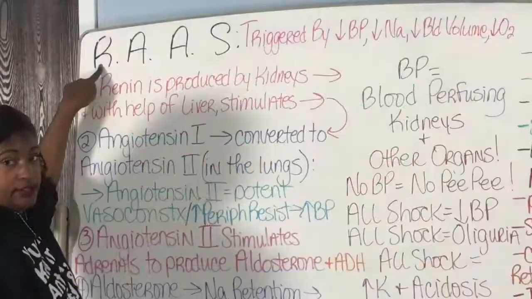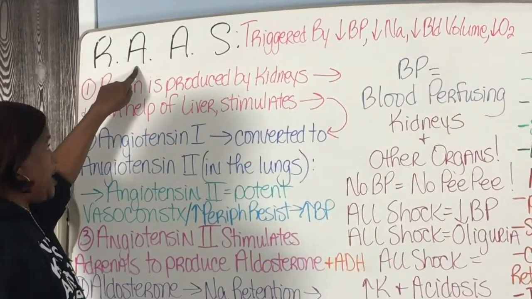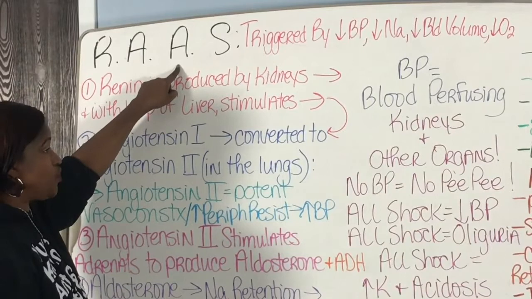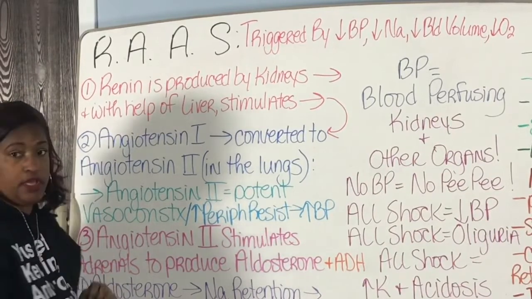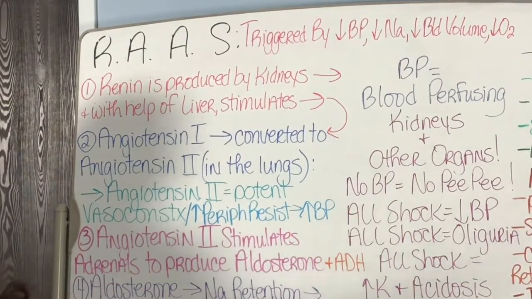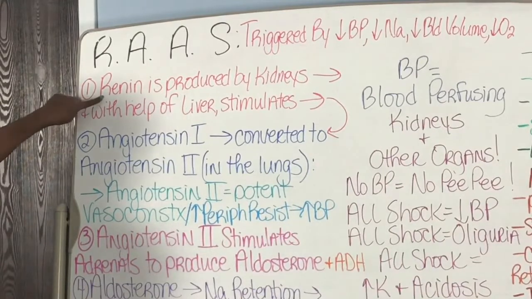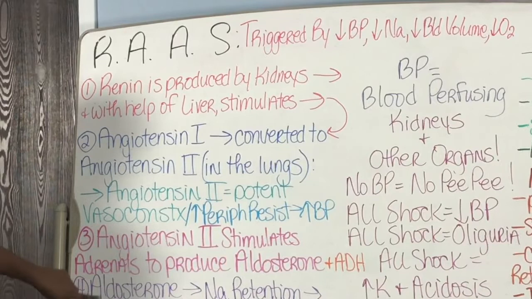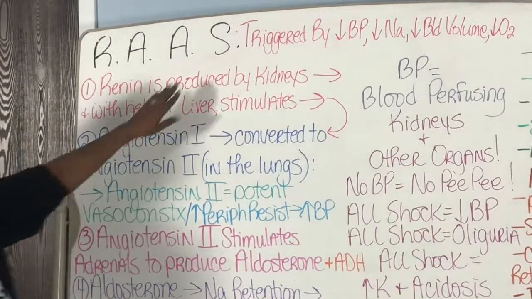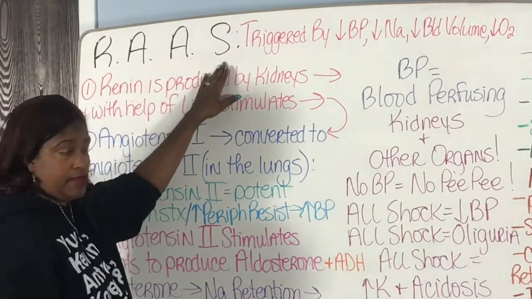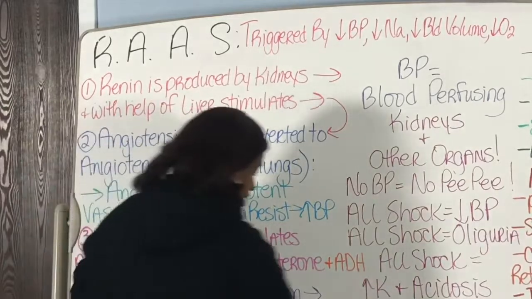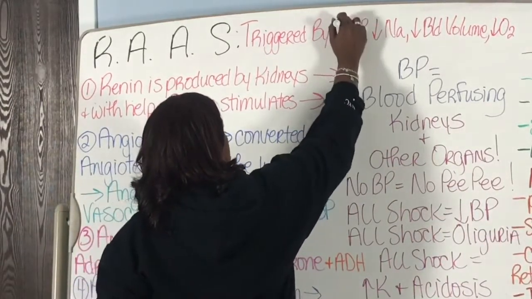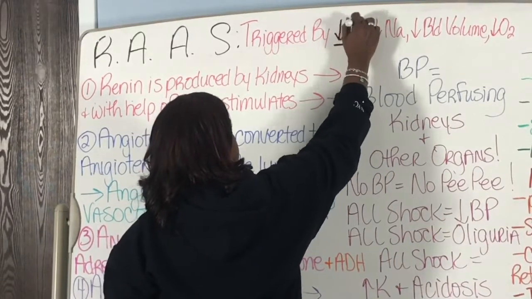The Renin, Angiotensin, Aldosterone system. Don't worry. Renin, Angiotensin, Aldosterone system is triggered by, number one, a low blood pressure.